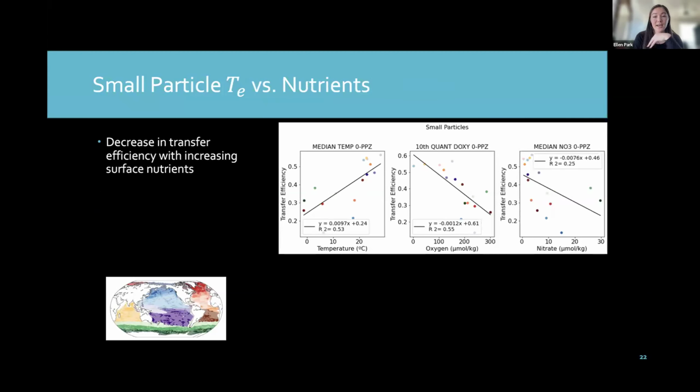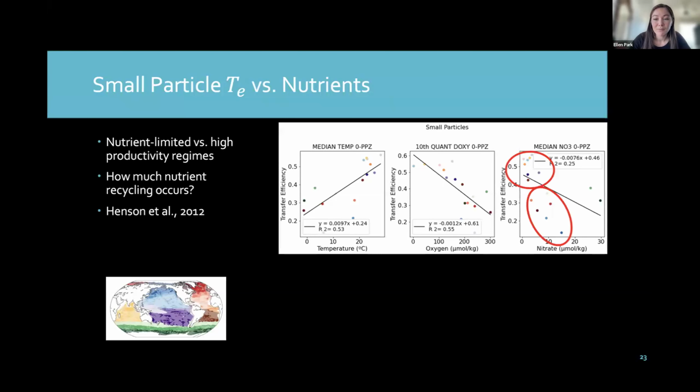And we can also look at how it varies with nitrate. And there again, there's another negative correlation here, but we can see that the green, which is representative of the Southern Ocean, which is a high nutrient, low chlorophyll regime, is skewing this. And when we look closer, we almost see a separation of two different clusters where we can think about maybe there are two regimes where one, we see this high transfer efficiency where there's not many surface nutrients, and the lower transfer efficiency when there's higher nutrients.